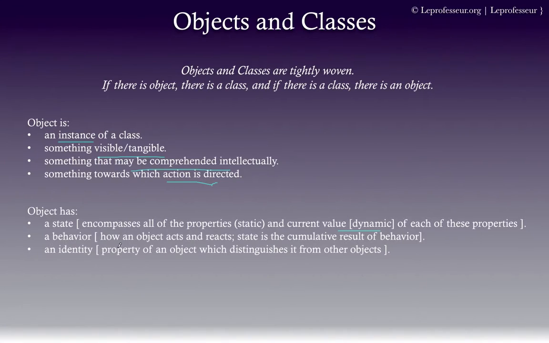And a behavior is how an object acts and reacts. You may also think of the state as the cumulative result of the behavior of an object. And an identity is a property which distinguishes between different objects.